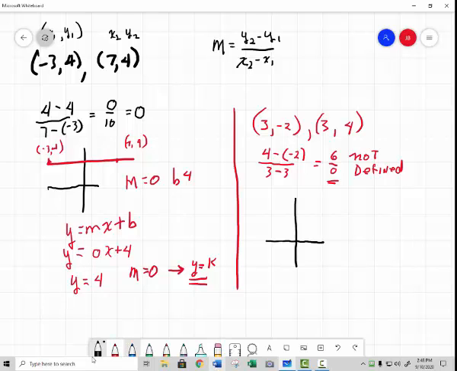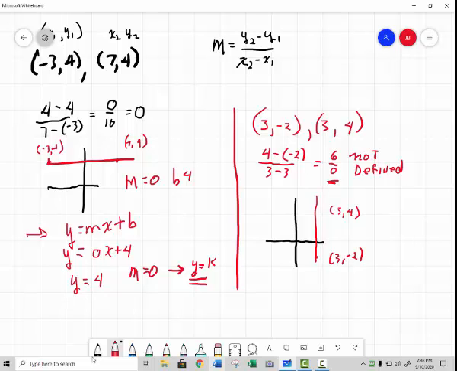Okay, now I want you to look at the points in this case. So if I go over 3 and down 2, this is the point (3, -2). And let's plot (3, 4). That would be somewhere up here. And you see that what you have is a vertical line. Since x doesn't change, I can't use the same concept that I used over here because I don't have any way of putting in a slope.